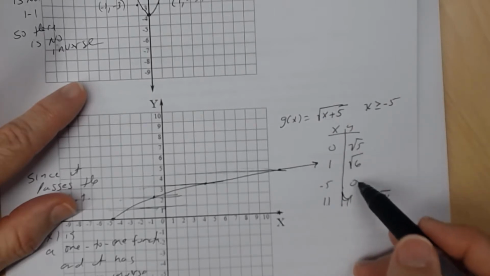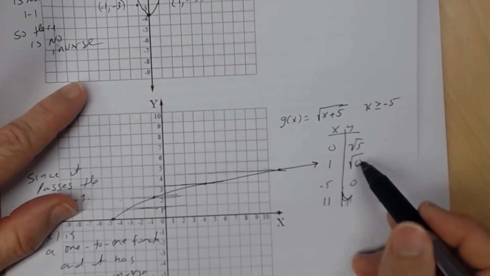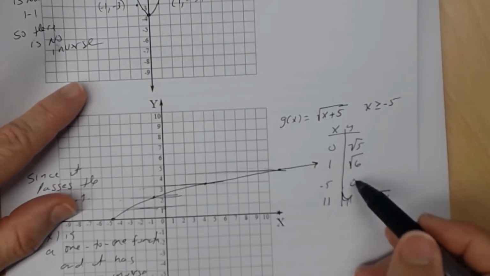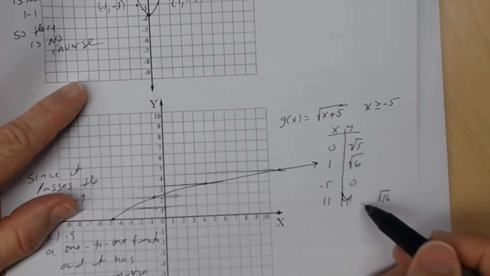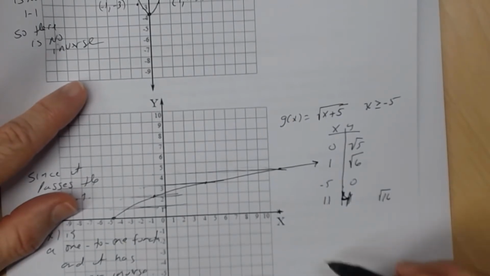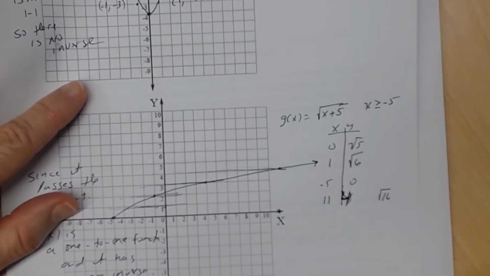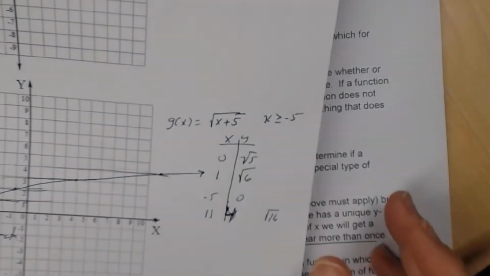That y value doesn't appear anywhere else. Square root of 5 is not appearing anywhere else. Square root of 6 does not appear anywhere else. 0 does not appear anywhere else. 4 does not appear anywhere else. And if you keep on going, you can see that's going to be the case. So this is a one-to-one function, and therefore it has an inverse.